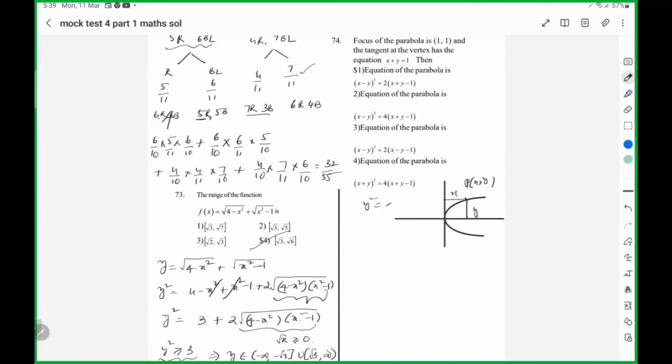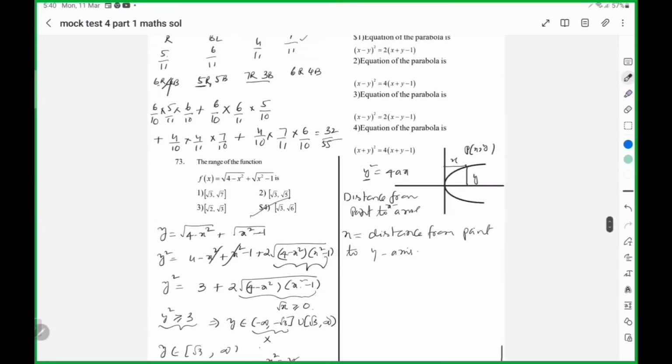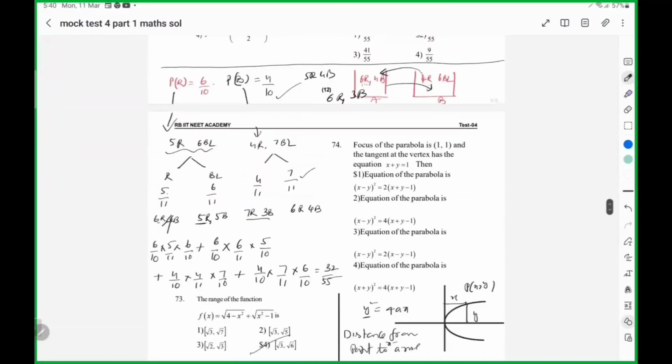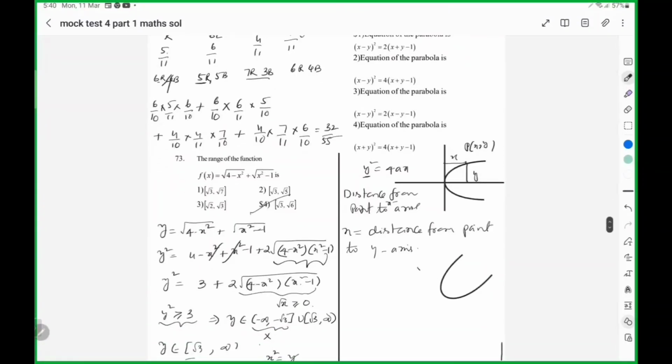So you know this standard equation. Here y means distance from the point to the axis. X means distance from the point to the y-axis. So now here a parabola is given whose axis and tangent at the vertex are like this.